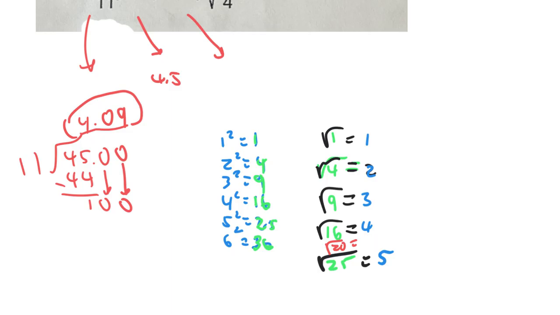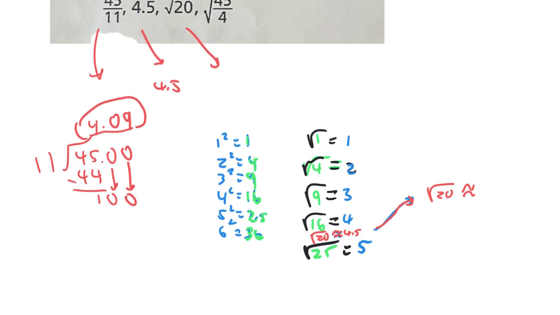Now, if 20 was right in the middle, then maybe we could say that the square root of it is 4.5. But since 20 is a little bit closer to 16, it's probably going to be a little bit less than 4.5. Now, when I use a calculator to look at what the square root of 20 is, I get that it's approximately 4.47.